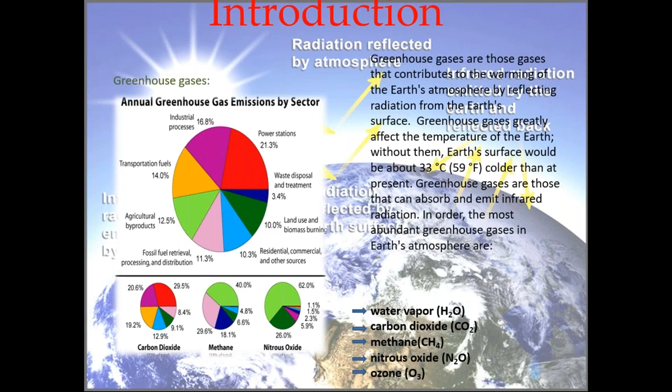I think research showed that the Earth's surface is about 33 degrees centigrade colder than what we have in the atmosphere, as you can see from the slide. So these greenhouse gases help to radiate part of this heat towards the Earth's surface, thereby warming it.